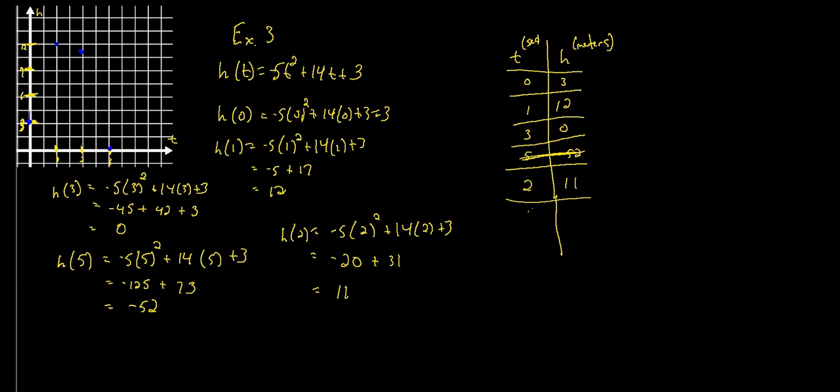So connecting those dots with what is hopefully a smooth curve, we have this graph representing the height after t seconds. We've already determined what 2 was, which it asks, what is the height of the ball after 2 seconds? The height of the ball after 2 seconds is going to be 11 meters.